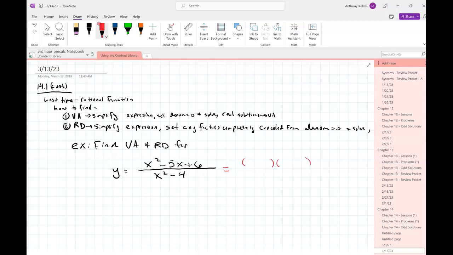Okay, we need two numbers that add to give us negative 5 and multiply to give positive 6. Good, negative 2 and negative 3. And then how about x squared minus 4? So what can cancel? The x minus 2's.